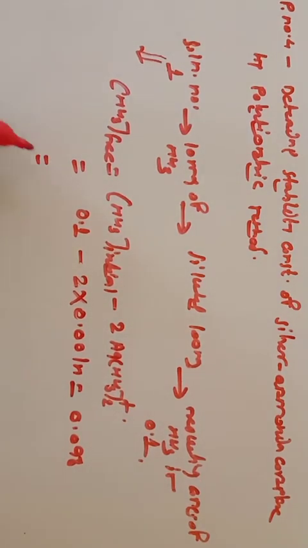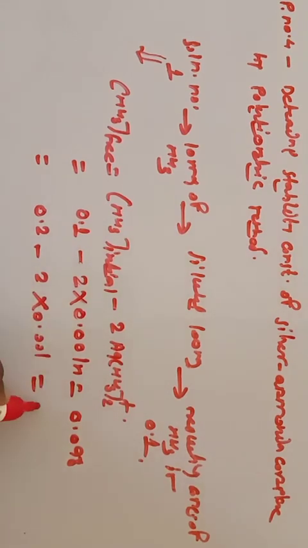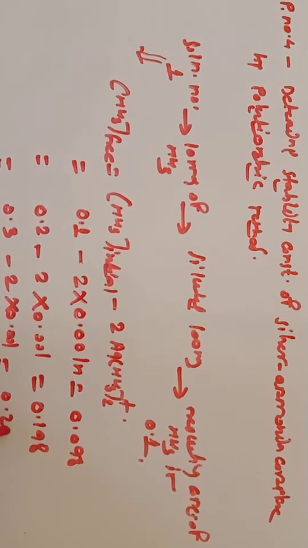Similarly, for the second flask we take 0.2 normal, because we take 20 ml of 1 normal ammonia, minus 2 into 0.001, so we get 0.198. Similarly, you take 0.3 minus 2 into 0.001, so we get 0.298, like that.